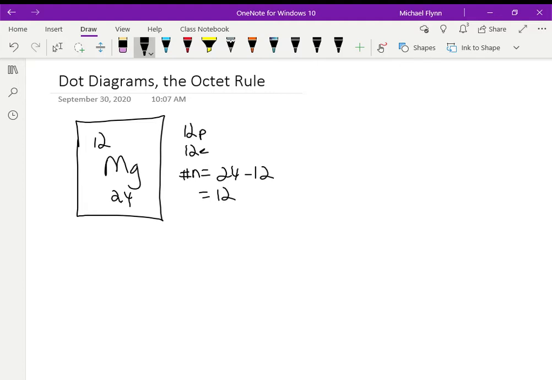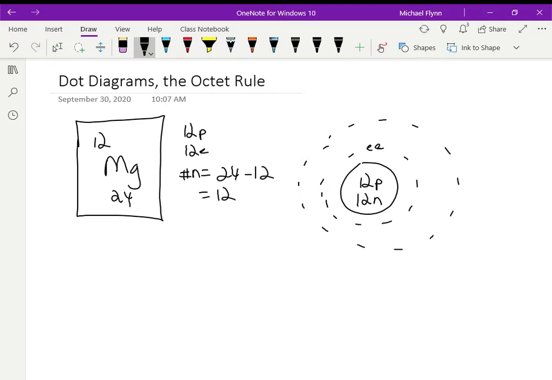All right, so let's draw the diagram. I have 12 protons and 12 neutrons in the nucleus. My first shell holds 2 electrons. My second shell will hold 8 more, for a total of 10.